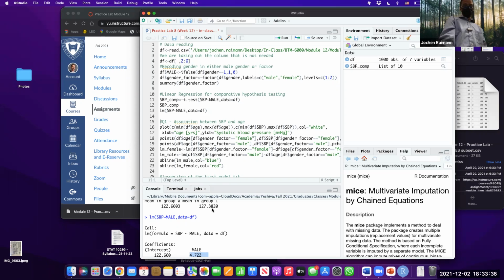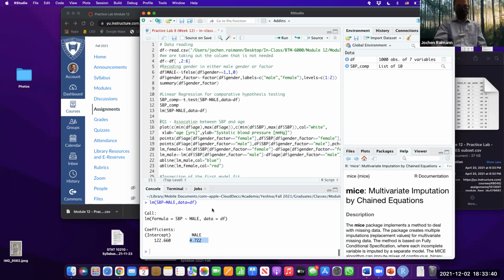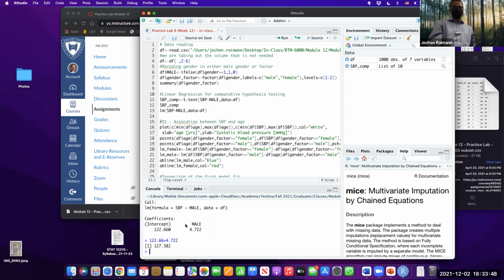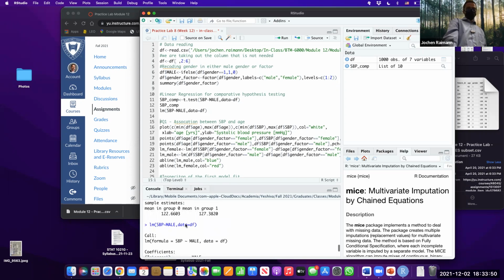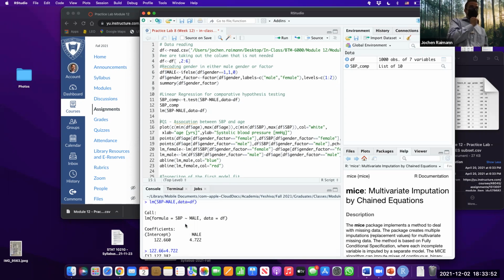You are at 127.382. So you can calculate this through: 122.66 plus 4.722 gives you 127.382. This is important knowledge to have, because with a binary variable, you can estimate the difference between one versus another in an adjusted and unadjusted fashion.